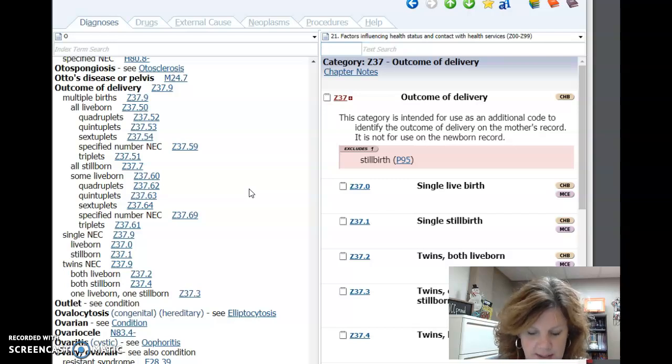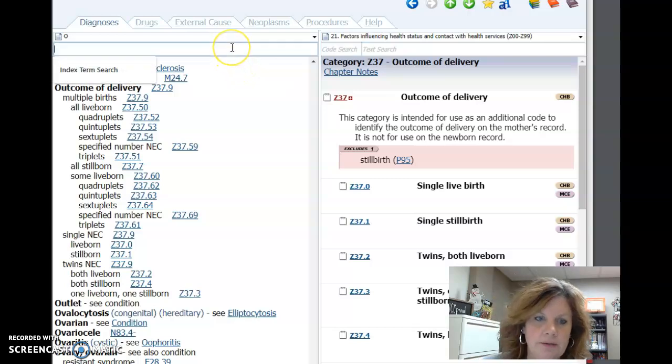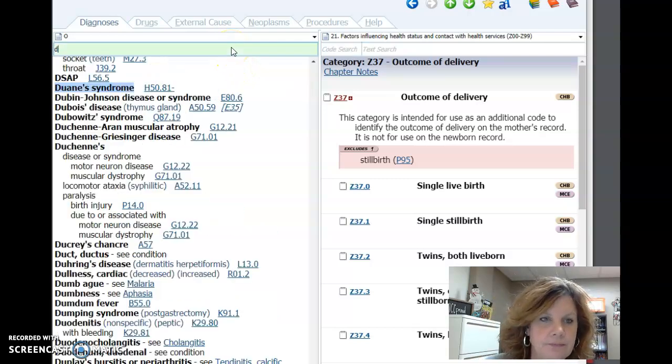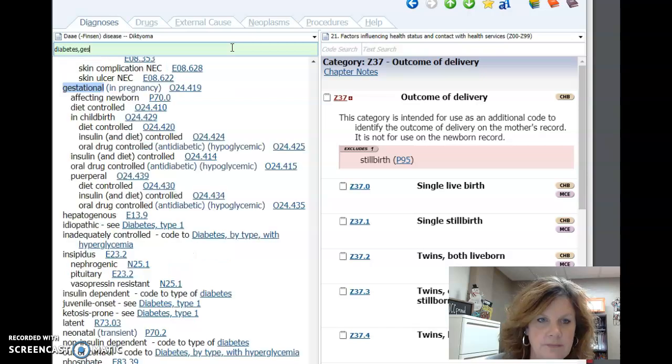So let's look in your book. I have gestational, and as I roll down, it says both diet and oral anti-diabetic medication.